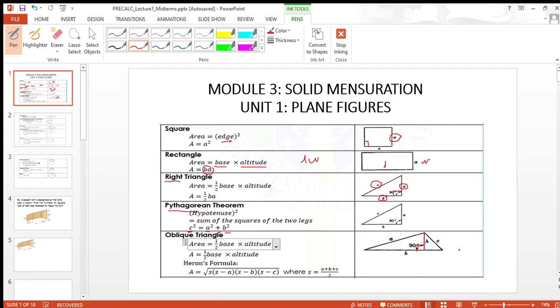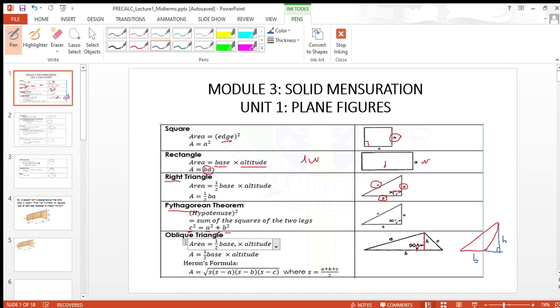So it may happen that your triangle will look something like this. If you consider the altitude coming from, let's say, this vertex here, then you have to drop a perpendicular line. So you have to extend this. This will serve as the altitude or the height, and this will serve as the base.